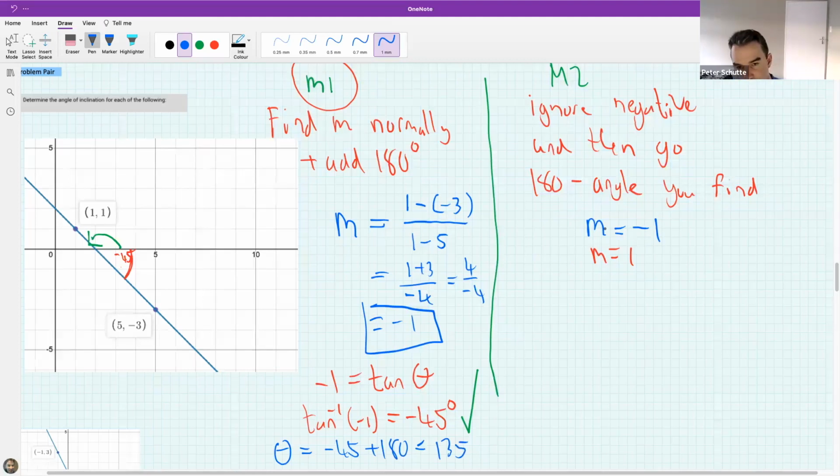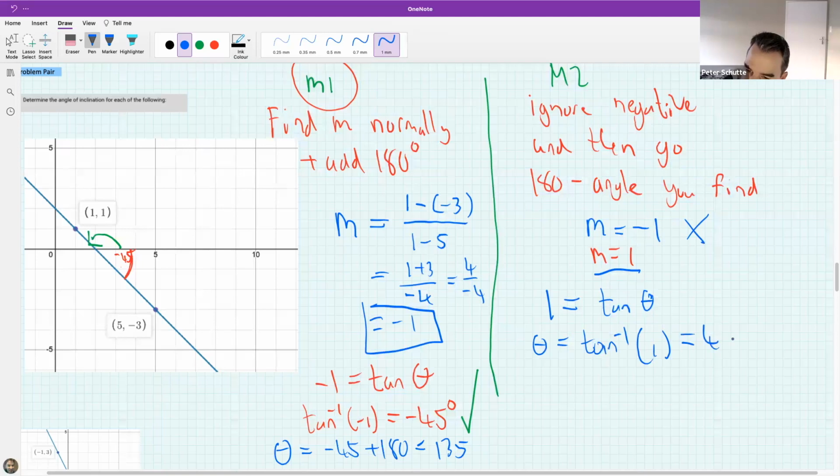If your teacher teaches you method 2, you have to ignore the negative and just use the +1. And what you find then is you go 1 is equal to tan of theta, and theta is equal to, in this case, 45 degrees.